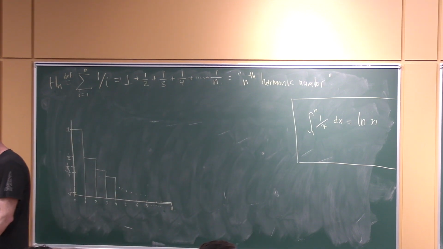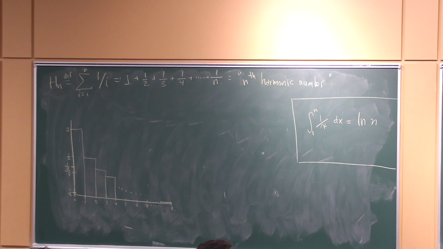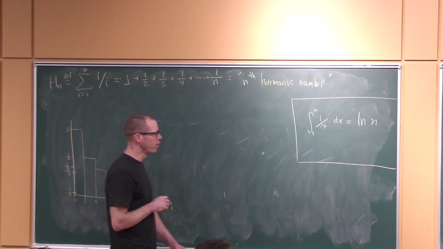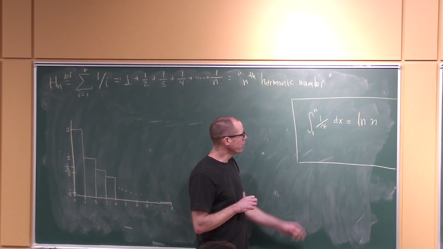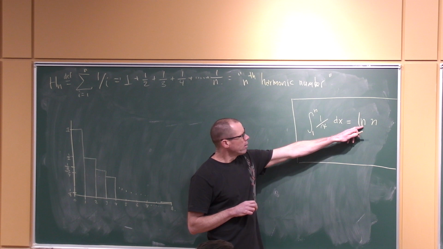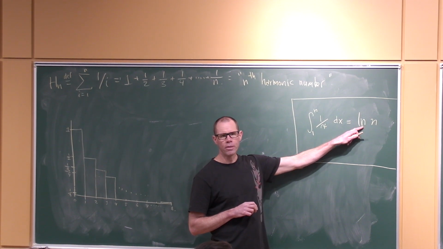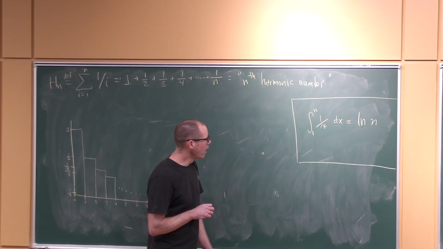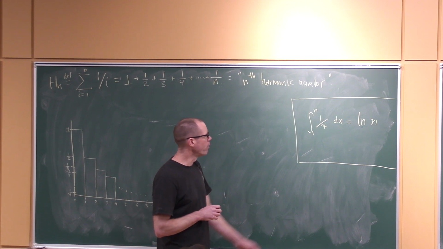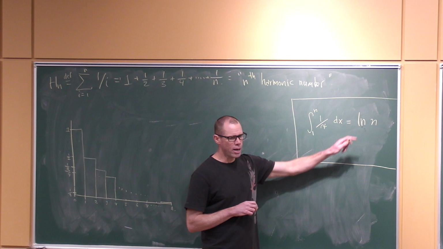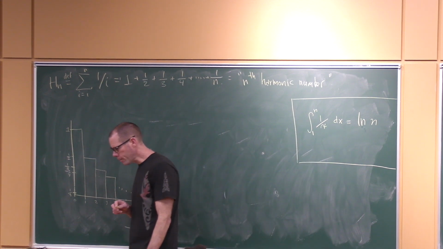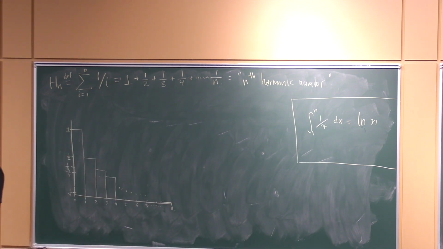So you can dig up an old calculus textbook and look that up. It's one of the common integrals that you learn about. And with different constants here, you can get logarithms with different bases, but the natural one, where it's just 1 over x, you get the natural logarithm of n. Okay, so that's one thing you should remember.